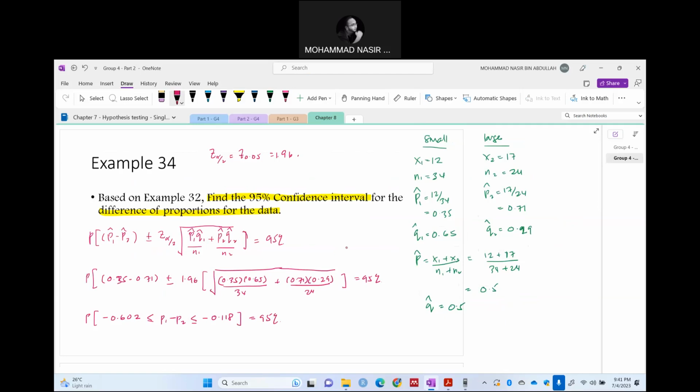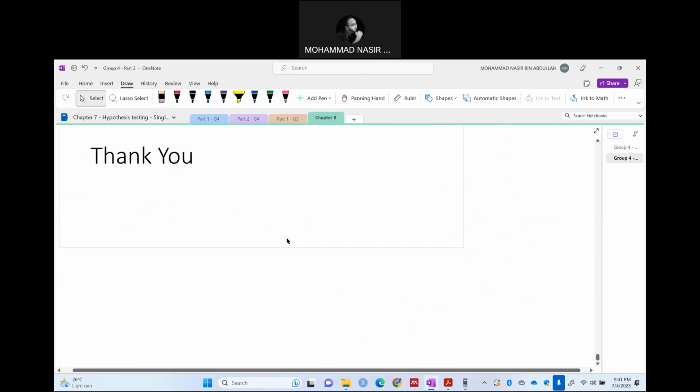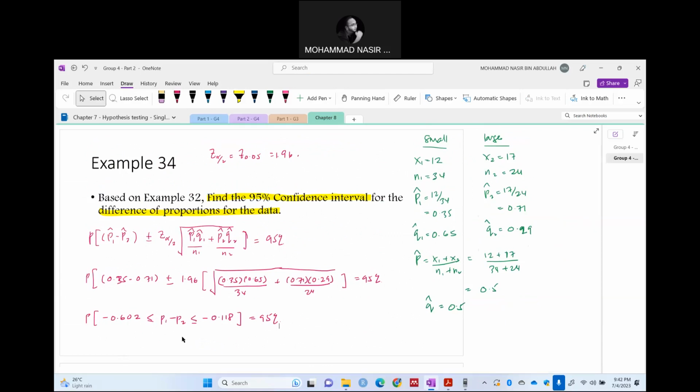Okay? So I think for examples number 35, 36, 37, you can do by yourself. This one is done. Conclusion: since 0 is not in the interval, proportion number 1 is not equal to proportion number 2.